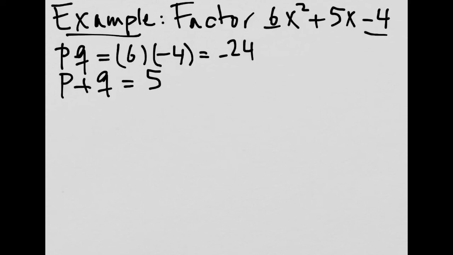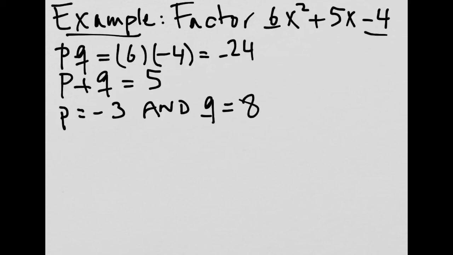Going through the list, we see that if we pick p equals negative 3 and q equals 8, that will do the trick. Minus 3 times 8 is minus 24, and minus 3 plus 8 is 5.